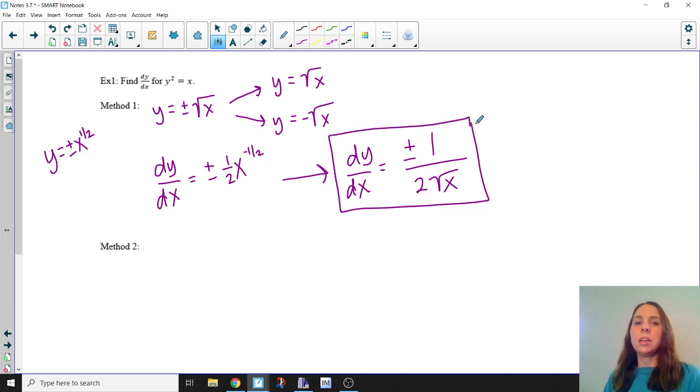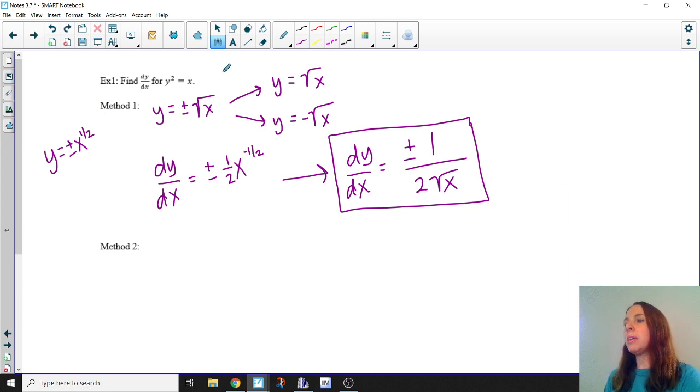Okay, but the thing about that equation form is that, first of all, it took a step of solving for y before we could differentiate. And the other thing is that you have to deal with this plus or minus when calculating the slopes of your tangent lines. And there's really no need for that because we have this thing called implicit differentiation.